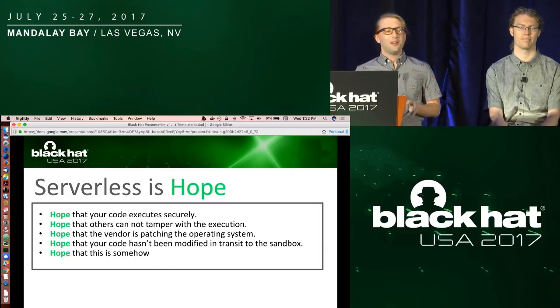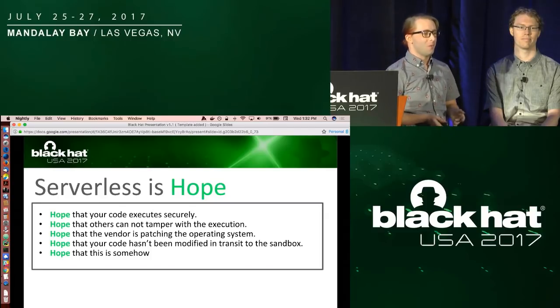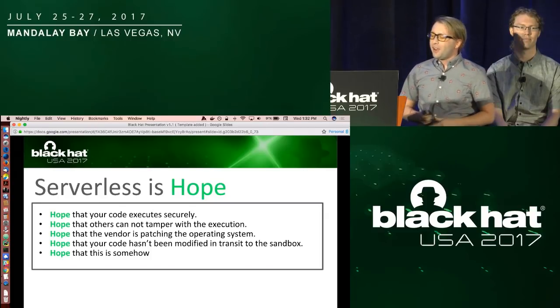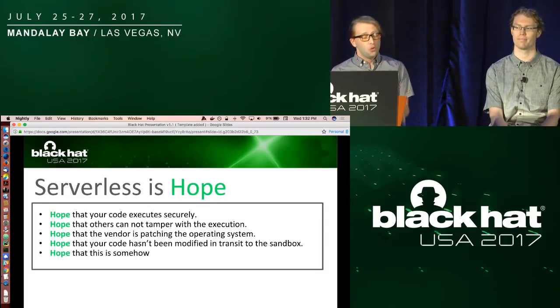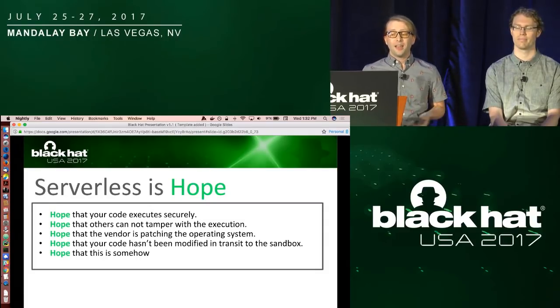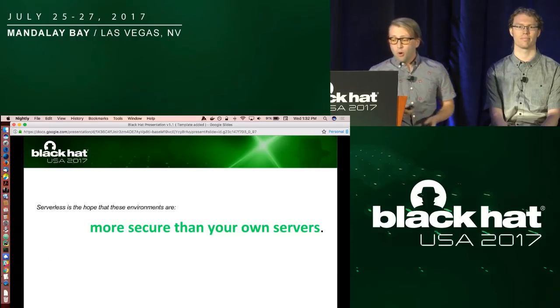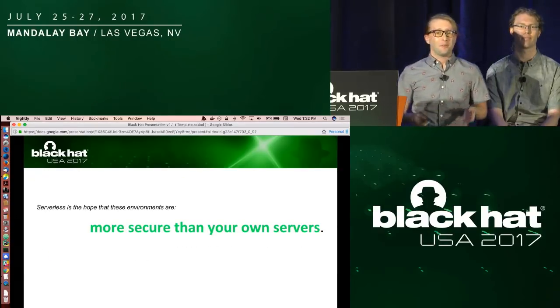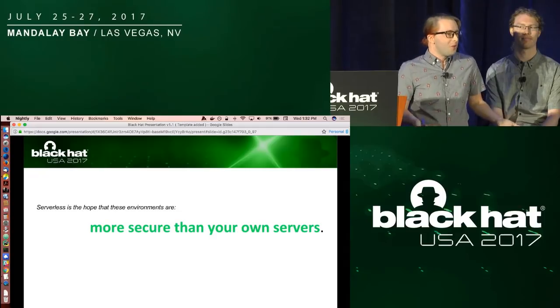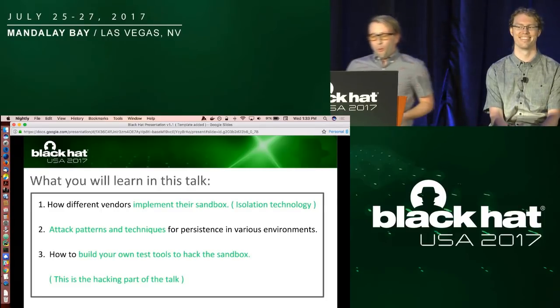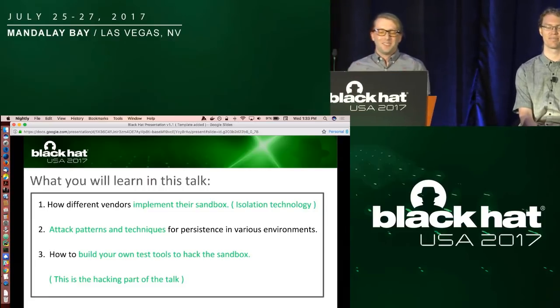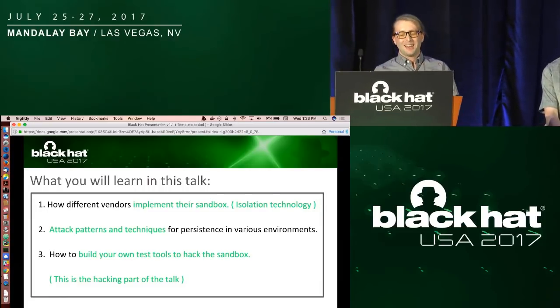I hope that the vendor is patching the operating system running those environments. And I hope that that code hasn't been somehow modified in transit to the sandbox. Bottom line, I hope that this is somehow more secure than actually running my own servers. Because I'm pretty good at running my own servers, right? I hope.